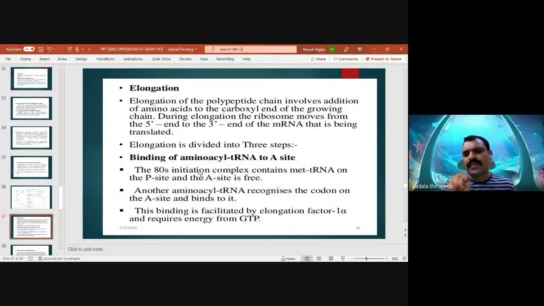One binding site is for mRNA, and the remaining 3 binding sites are for tRNA.